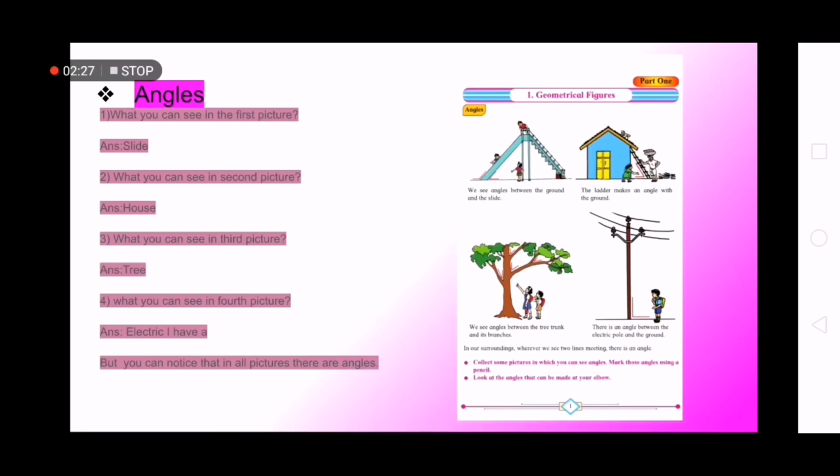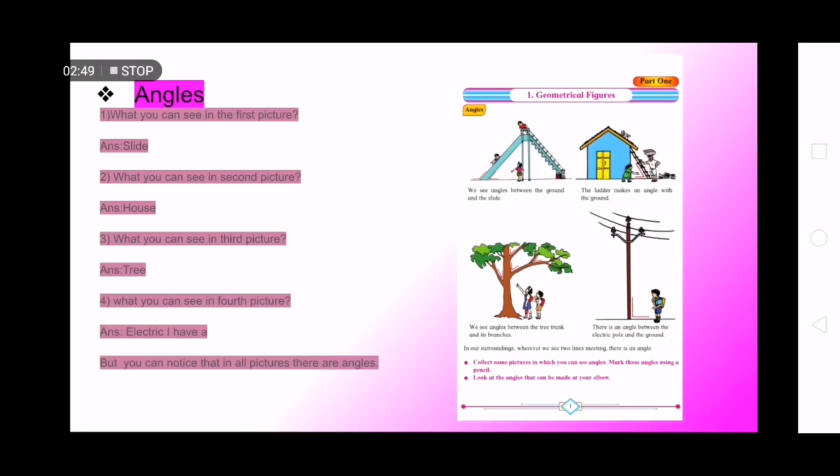And the fourth picture is an electrical pole. You can see an angle on it also, but can you tell me how the angles are being made there?